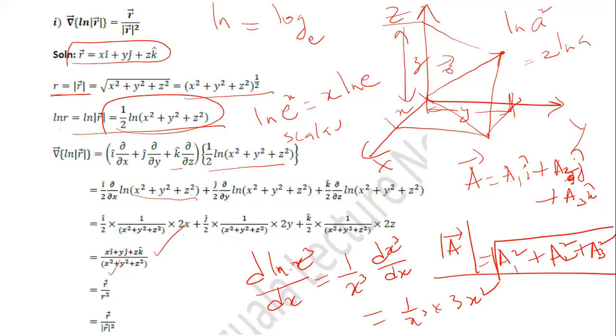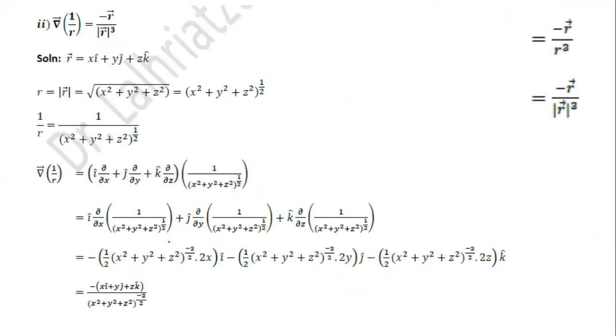This is your vector itself, and this is your r square, because your r is square root of this. So x square plus y square plus z square will be your r square. So I think you should be able to follow this if you are familiar with this kind of calculus, but you are expected to know the calculus, right? So this is also something similar.